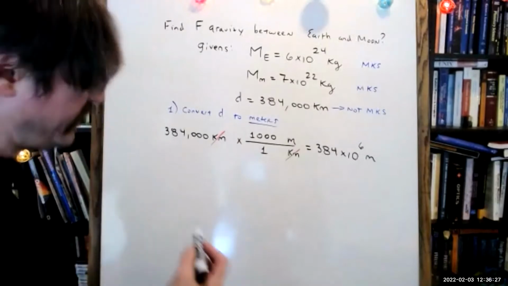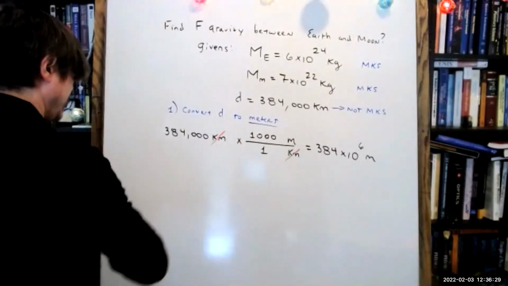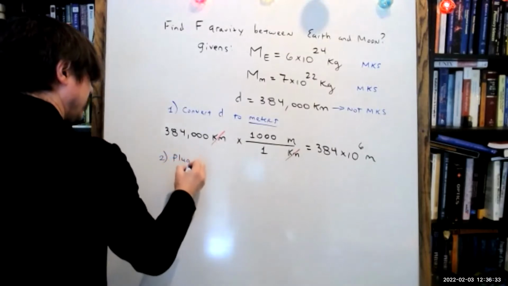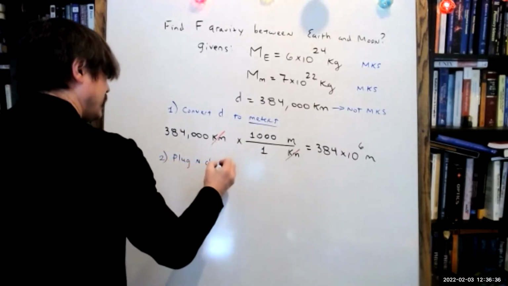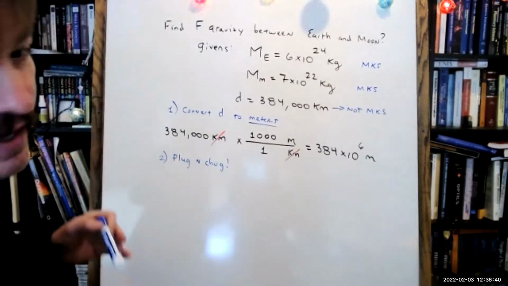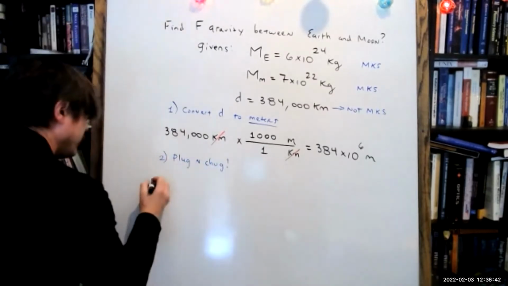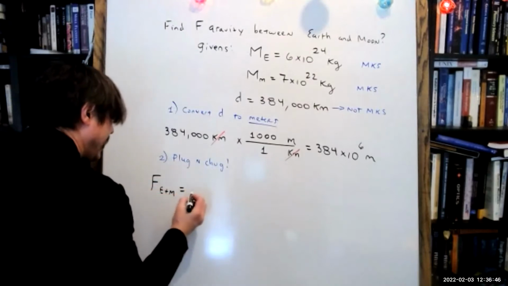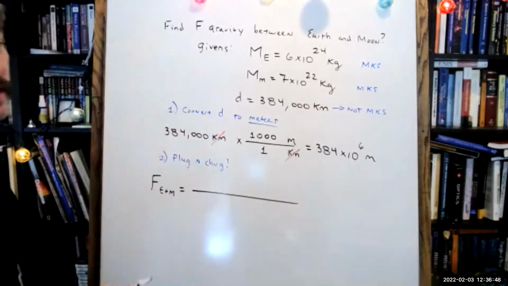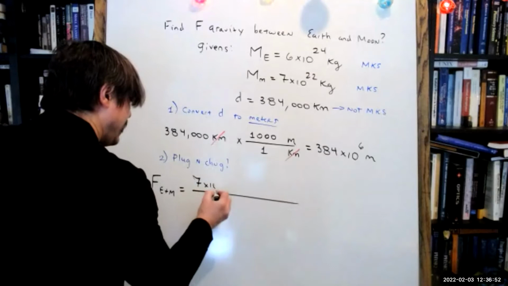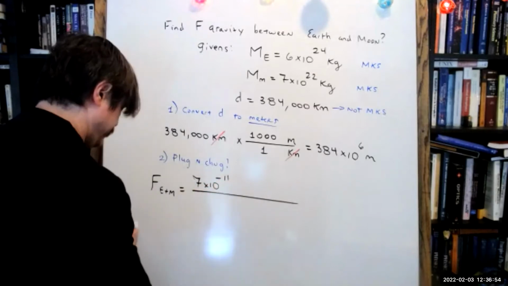So now we plug it into the formula, okay? And this is the step that the physics students call plug and chug. Plug and chug means once your units are in place, you put it in the formula and you do some work, okay? So the force of gravity between Earth and Moon, E plus M. First, I'm going to write down big G, 7 times 10 to the negative 11.